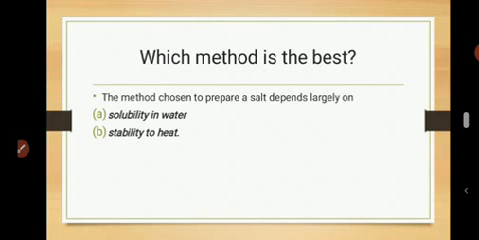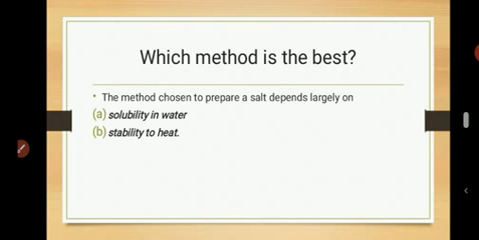Now, to prepare the salt itself, the factor you consider is the solubility of that salt in water. This salt I want to prepare, will it dissolve in water or is it not going to dissolve in water? You want to ask yourself that question.